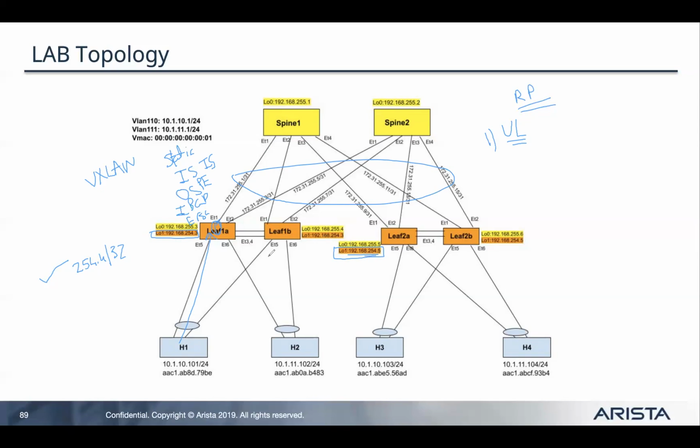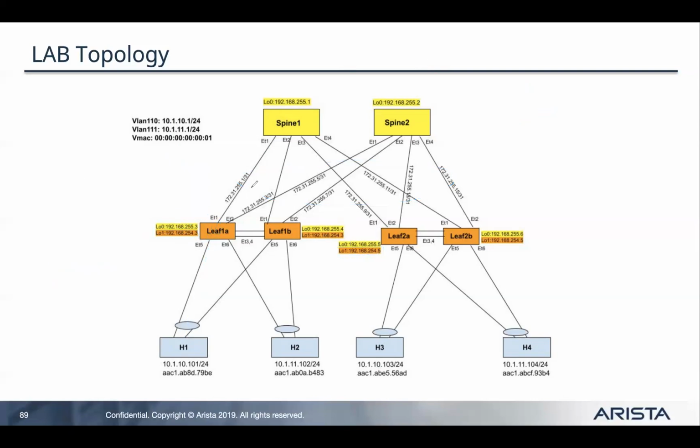Another thing we need underlay for: as we mentioned, we will have loopback to loopback EVPN neighborship. And to form EVPN neighborship, we also have to learn these routes. We have to learn how to reach this leaf 1A, this particular loopback IP address. Then only the EVPN neighborship between loopbacks will come up.